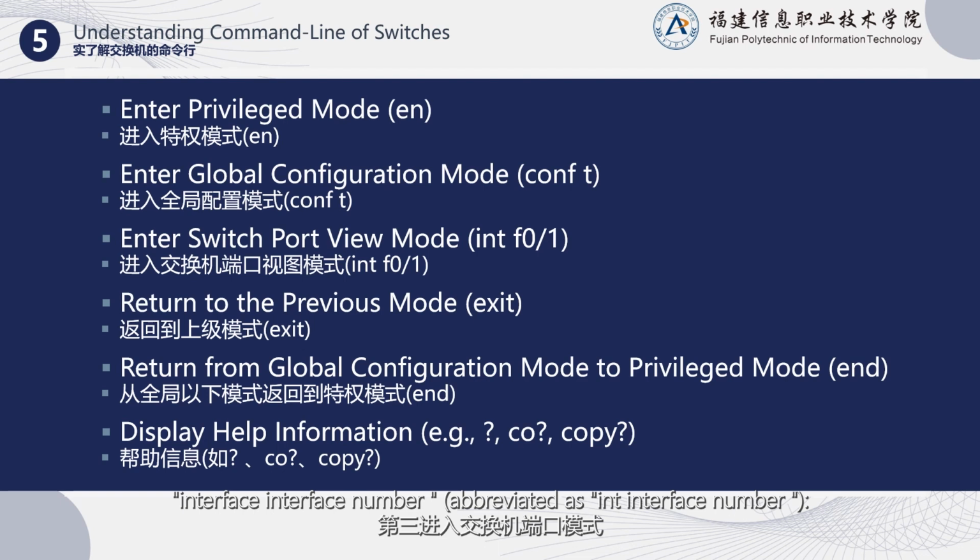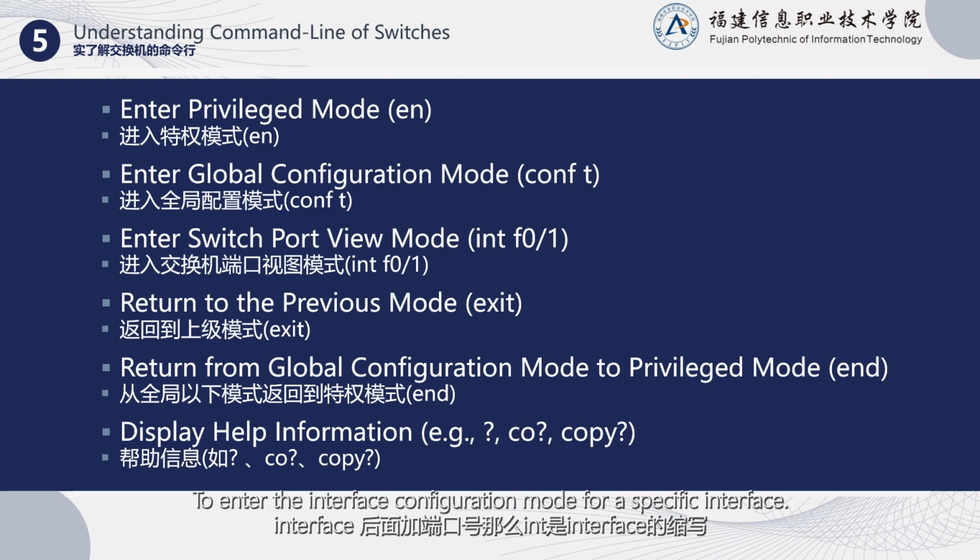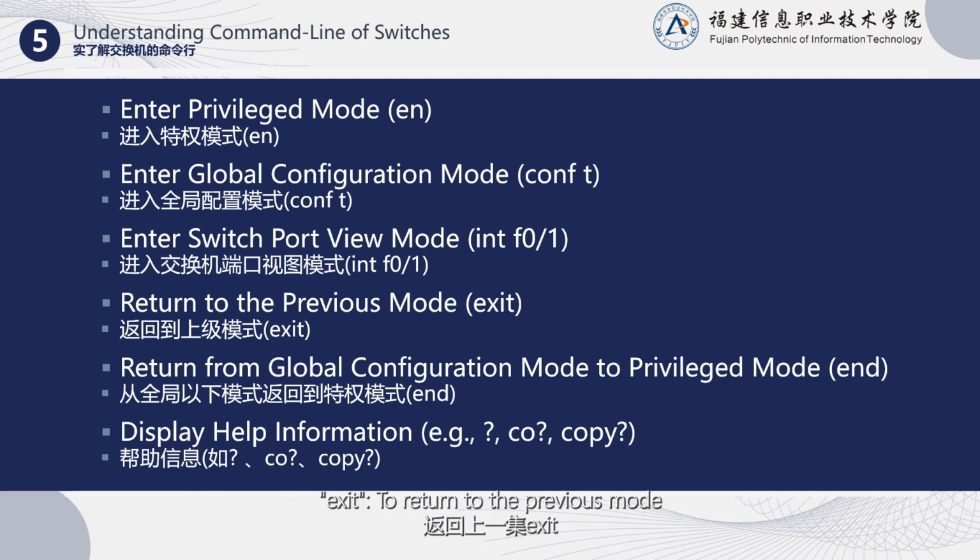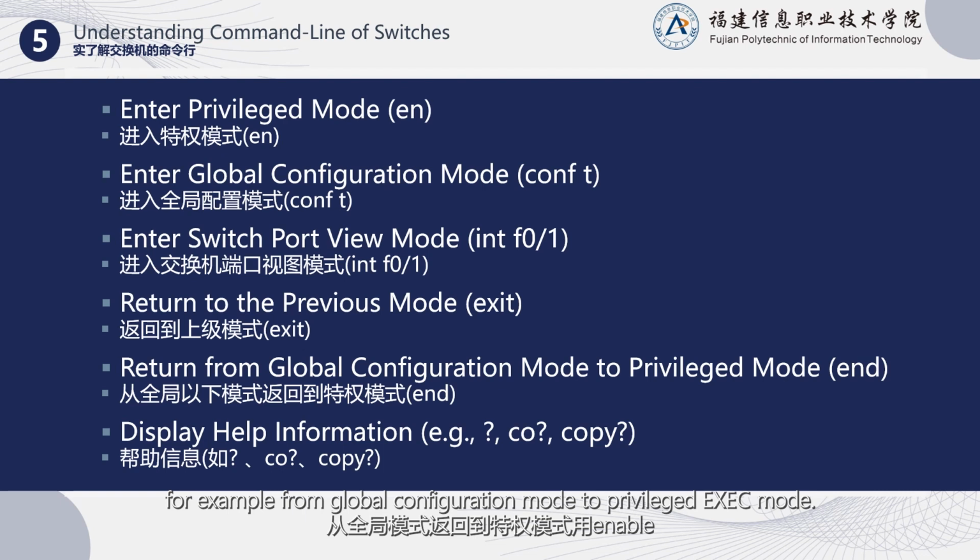Interface number, abbreviated as int interface number, to enter the interface configuration mode for a specific interface. Exit, to return to the previous mode, for example, from global configuration mode to privileged exec mode.